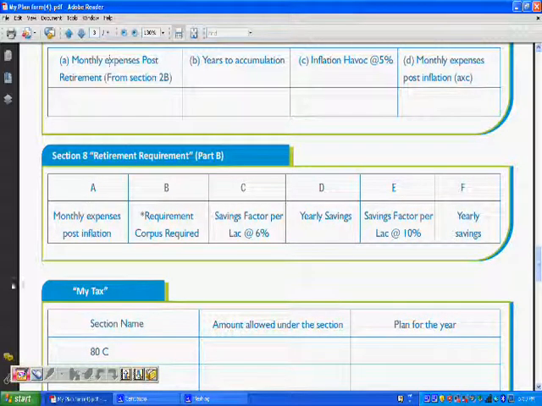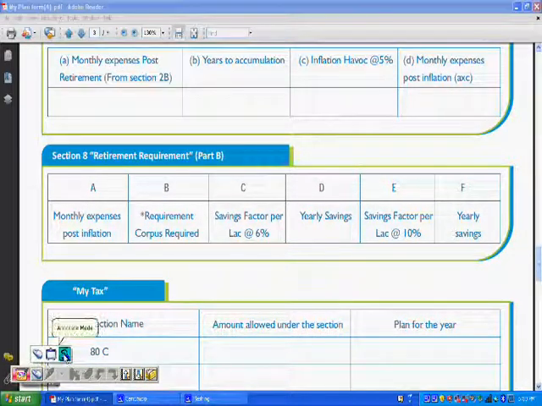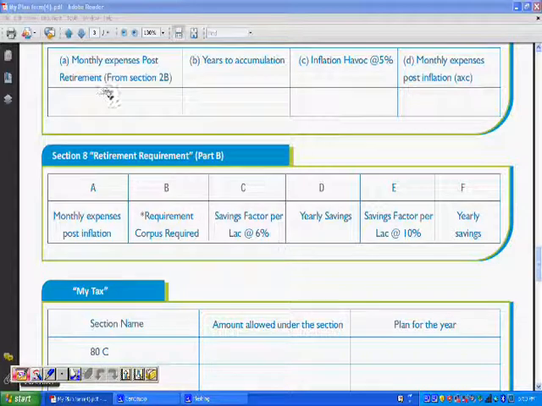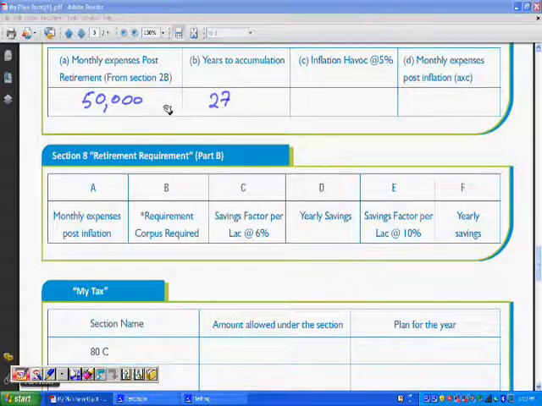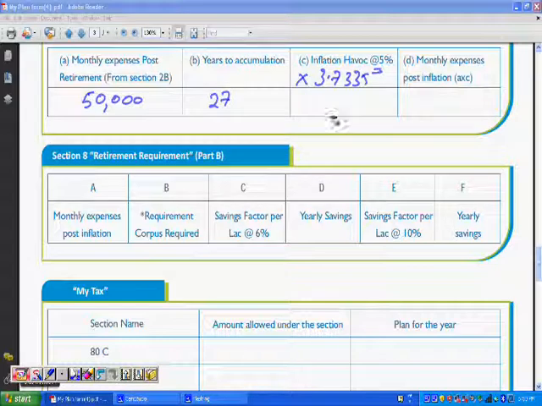Wonderful. So coming back to monthly expenses post retirement, we are saying that we need 50,000 rupees. We are saying 27 years, and if inflation plays havoc at 5%, the figure we have to multiply it by is 3.7335.